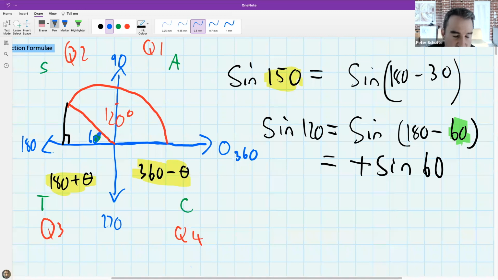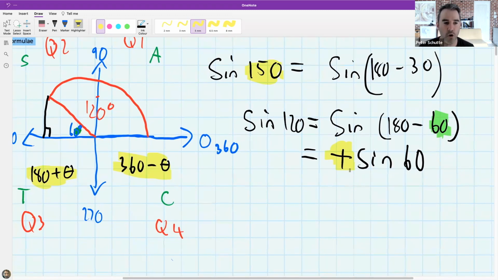You can imagine that if it was in this quadrant over here, the 120 gives me a reference angle of 60. Then the other thing I need to know is that in quadrant 2, sine is positive. So let's do another example and I'll show you. My hope was to show you why the sine of 120 has the same value as the sine of 60, because the triangle for the sine of 120 has to have a 60 in it.